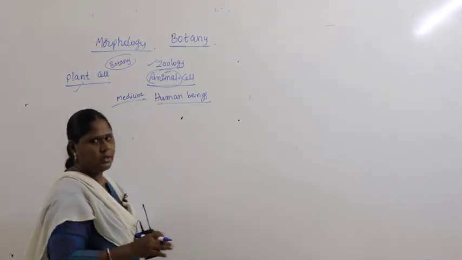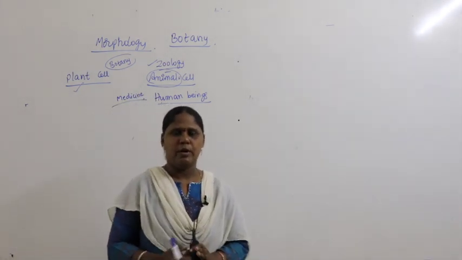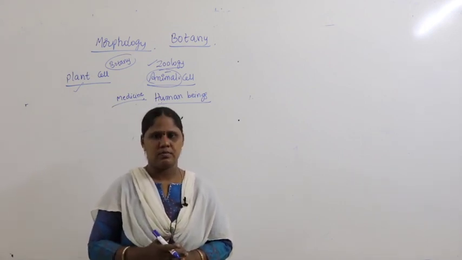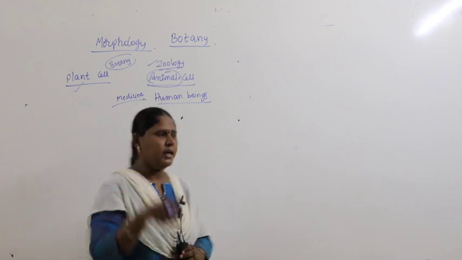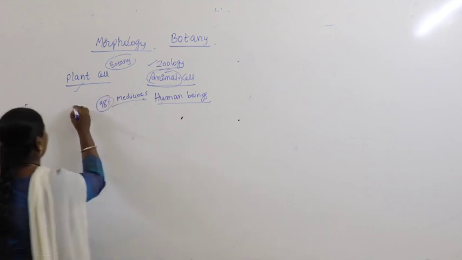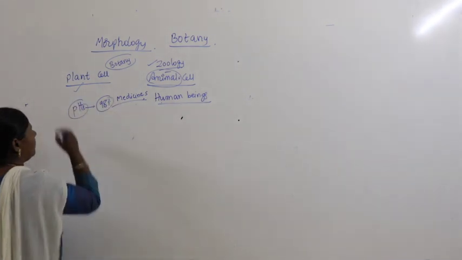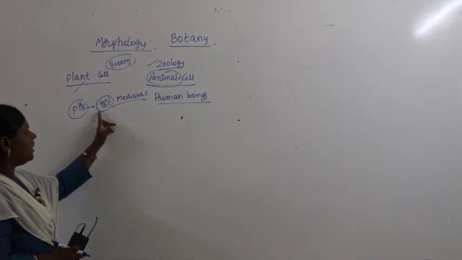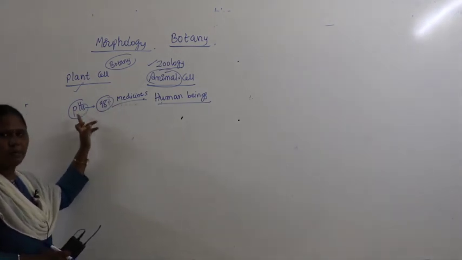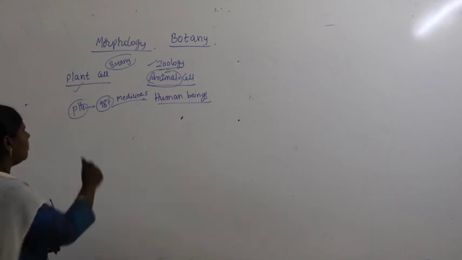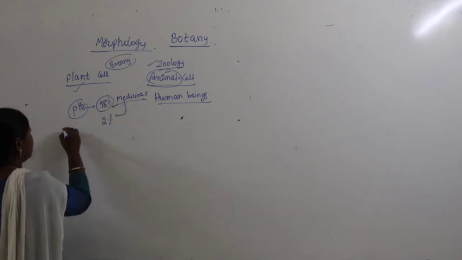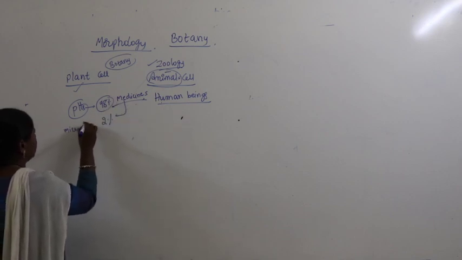The solution may be in terms of medicine. So where do we get these medicines to treat different types of diseases in humans? We get 98% of the medicines from the source called plants, and only 2% of the medicines we get from other organisms called microorganisms.